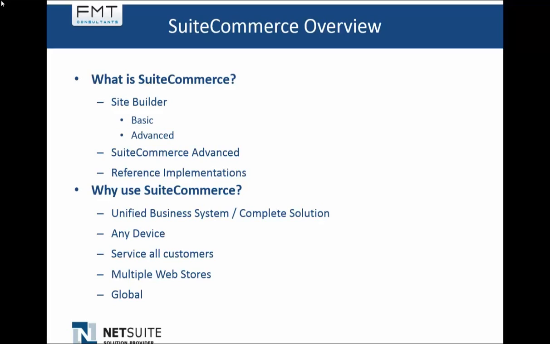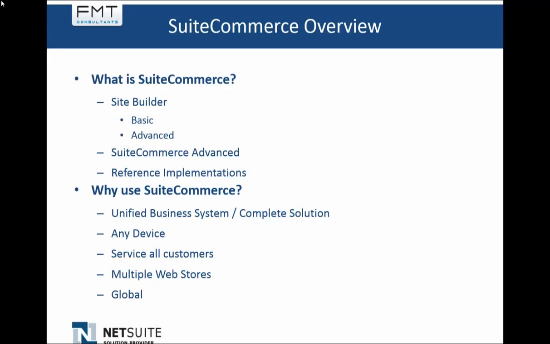As probably mentioned before, Site Builder can be divided into two functional units, Basic and Advanced. Basic is essentially a very simple e-commerce solution where you have predefined templates, so you can just deploy them on your website.